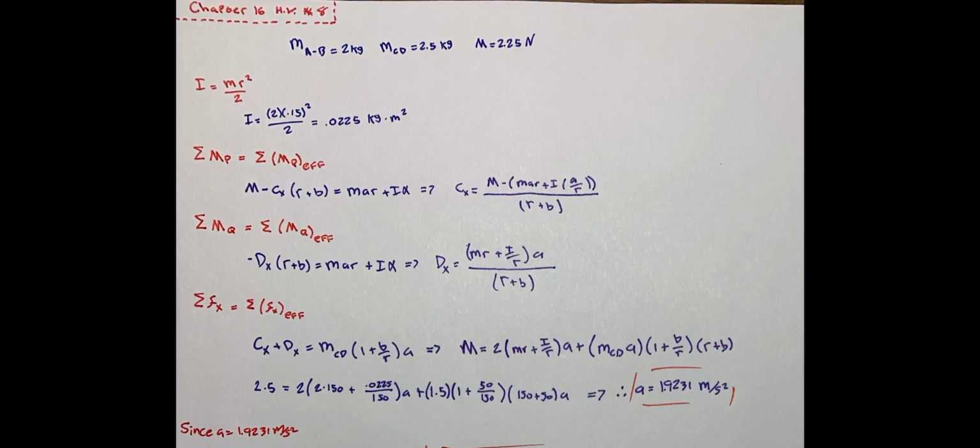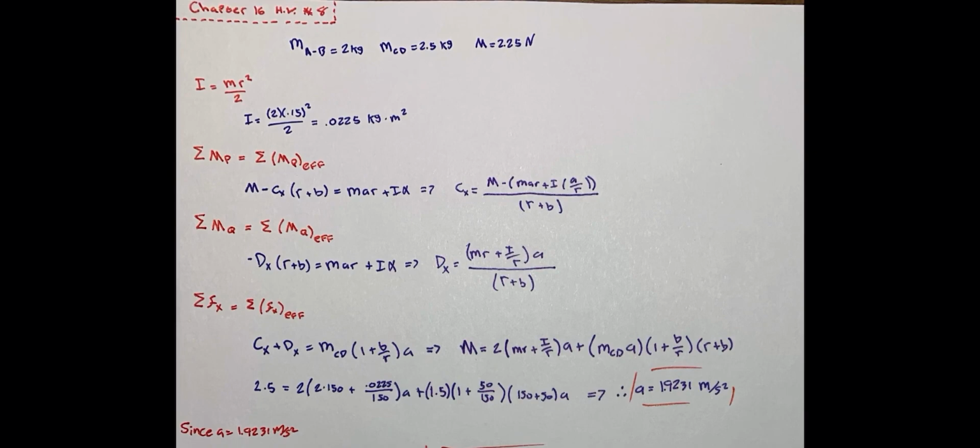So we can solve for the inertia of each disc with this top equation here. I is equal to mr squared divided by 2. So the inertia for each disc is 0.0225 kilogram meters squared.